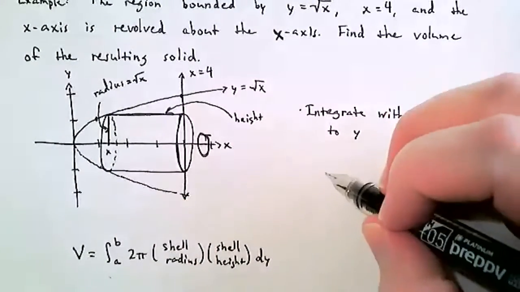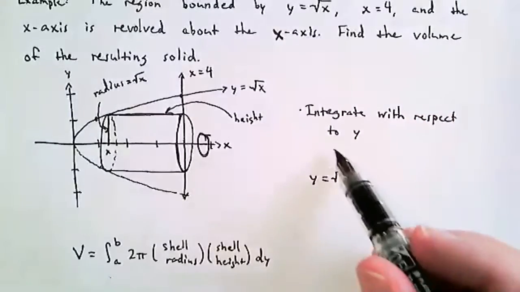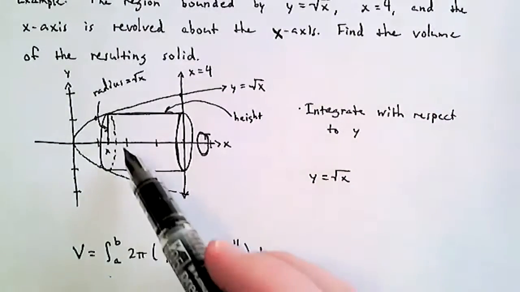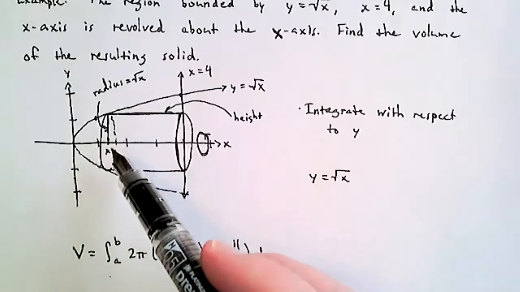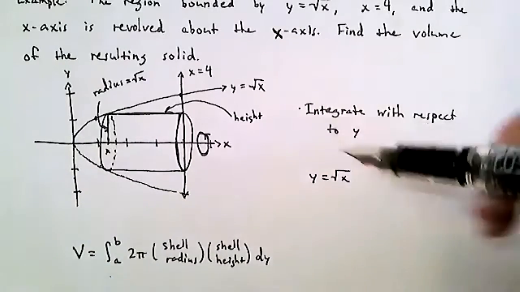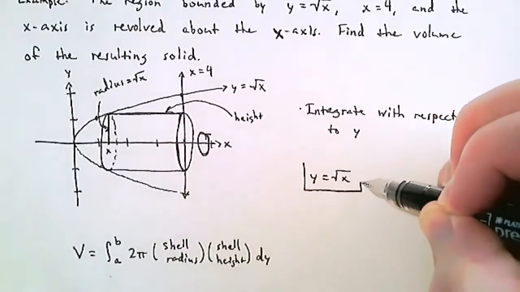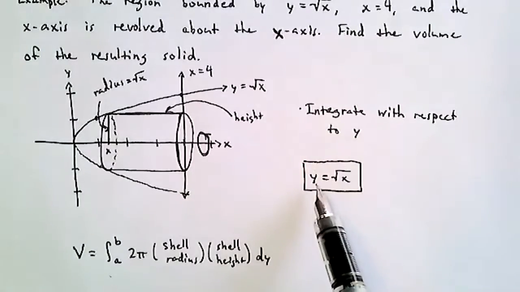So let's find some blank space. y equals the square root of x. We'll have to solve this for x, or we'll have to rewrite it. We're actually not solving for x. Solving for y.